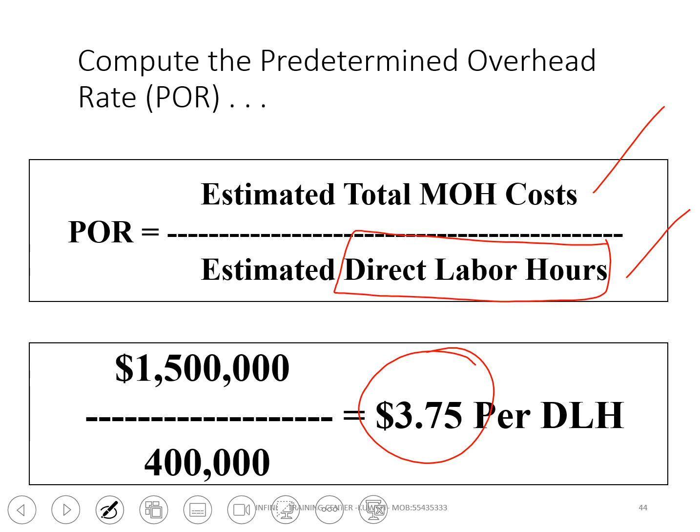So what does that mean? $3.75 per direct labor hour, that is our POR. That means for every direct labor hour that went into production, you will add $3.75 to your production process, or add this cost to work in progress. Every time you spend one hour of direct labor, you will add 3.75 to work in progress.